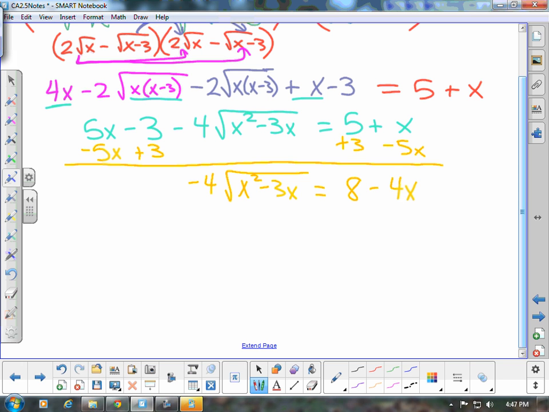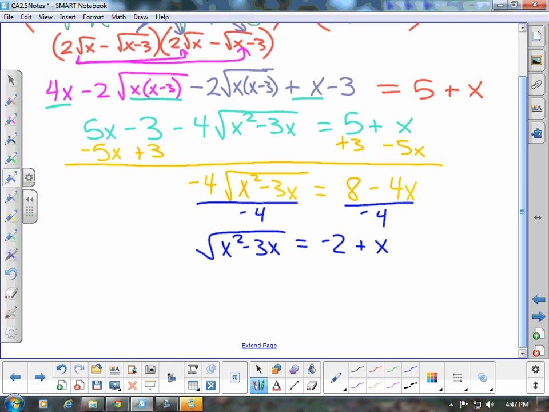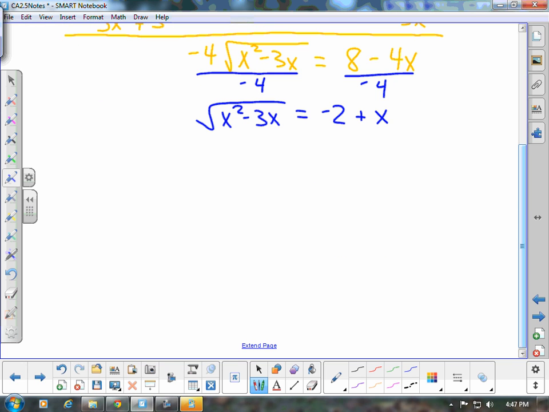Now then at this point, we can divide by a negative 4 and divide by a negative 4. And then we would have the square root of x squared minus 3x equals negative 2 plus x. And so now we can square both sides.